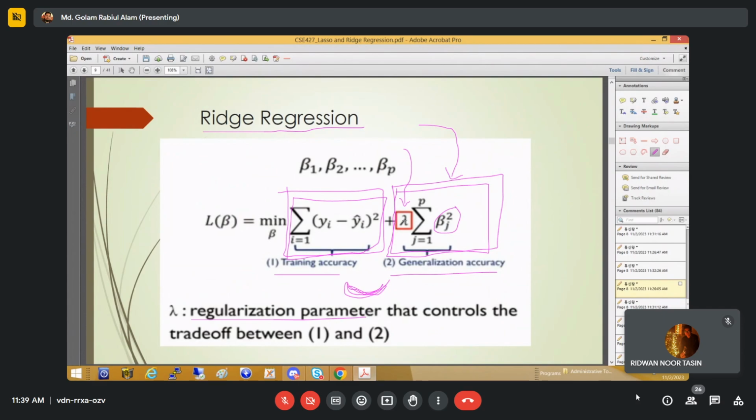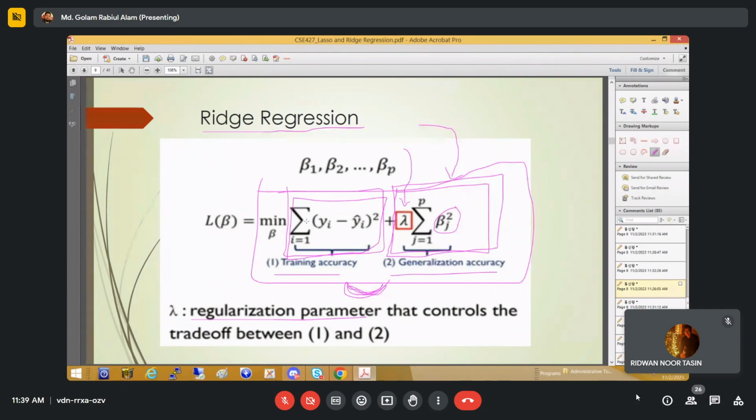Sometimes we can take a large value, sometimes a smaller value, but it has an impact. If we take the large value, what will happen? If we take the small value, what will happen? But we have to use this objective function for our Ridge regression.